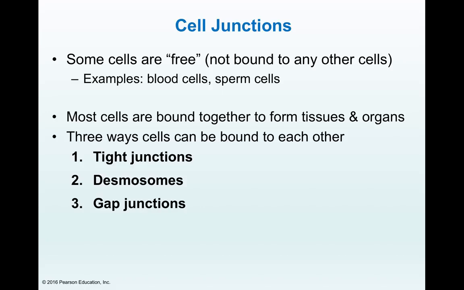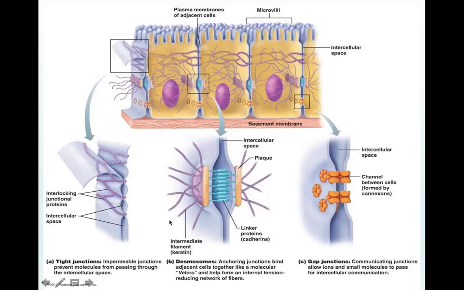There are three different junctions present within your cells. The first one is known as tight junction, the second one is desmosomes, and the third one is gap junctions. Let's take a look at each of these cell junctions and some of their characteristics and an example or two of where you can find them.